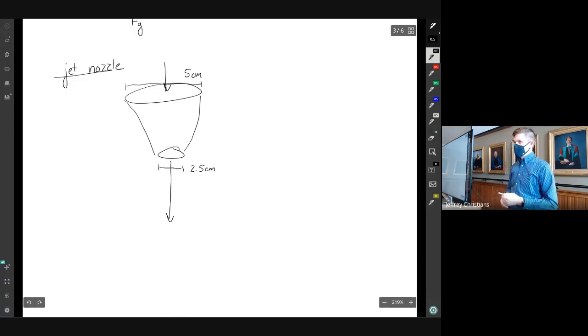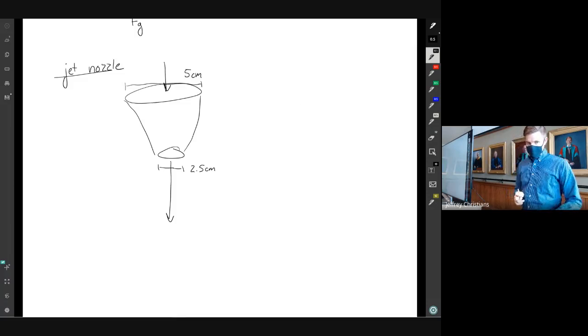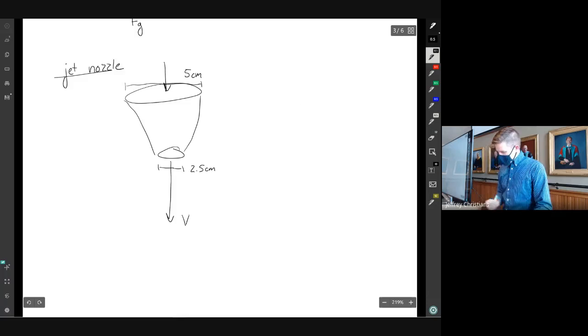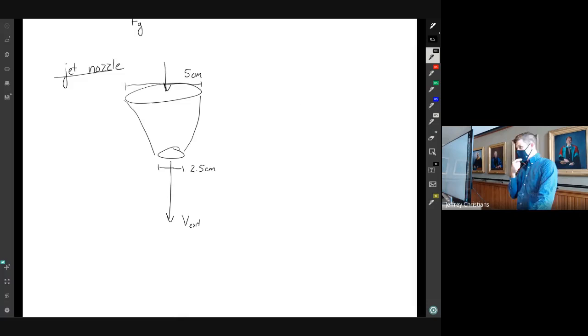Okay, I'm mostly just making up these numbers, but in the ballpark. So we have some velocity here at the exit. So what velocity at the exit is required to give us enough force to hold us up and not have us fall down?